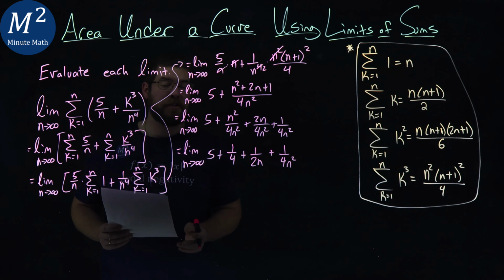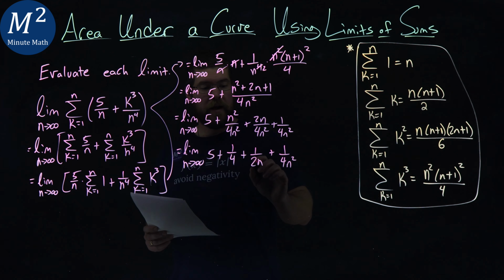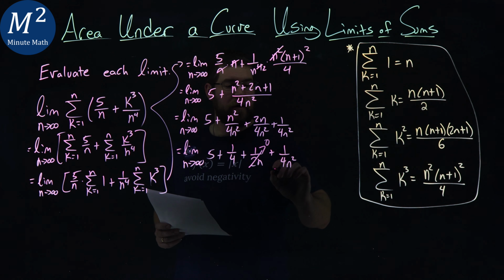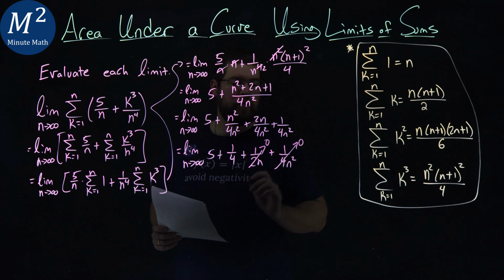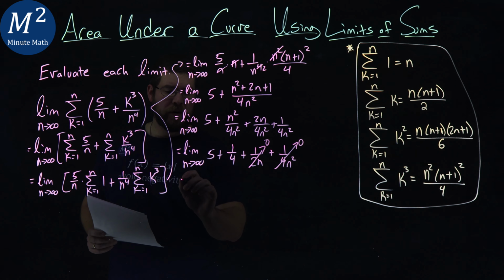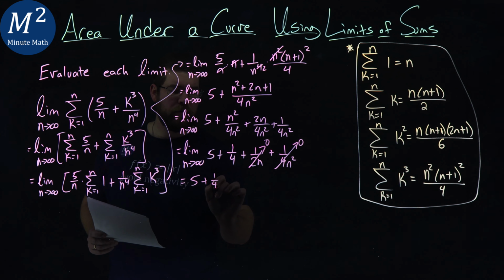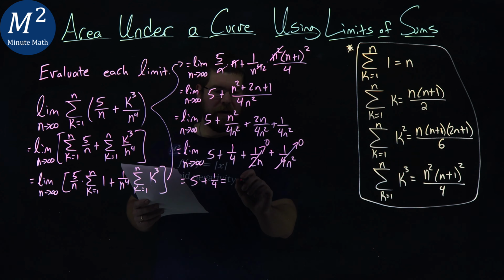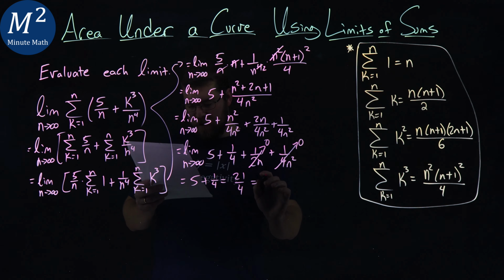From there, we can now evaluate the limit. 1 over 2n goes to 0, and 1 over 4n squared also goes to 0. So we're left with 5 plus 1/4, which is 21 over 4, which as a decimal is 5.25.